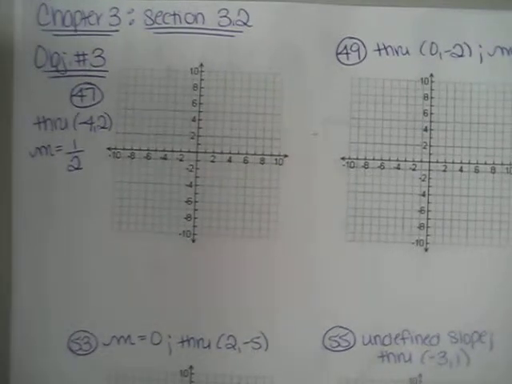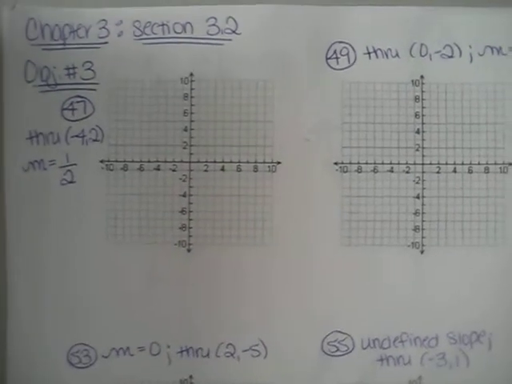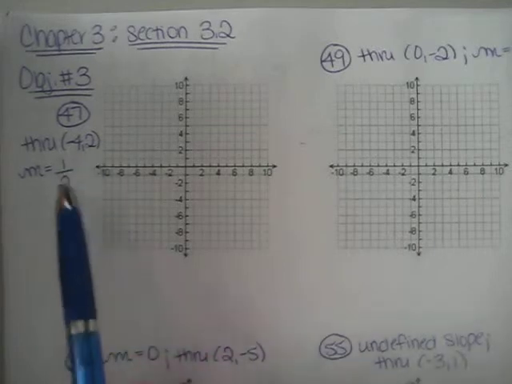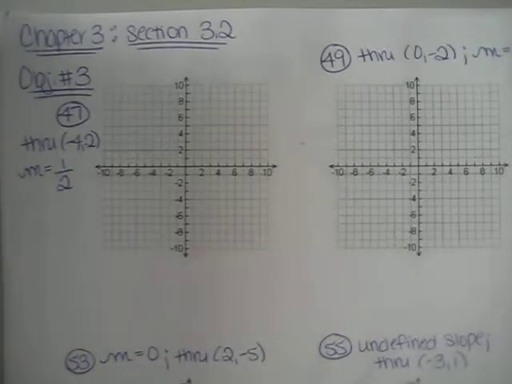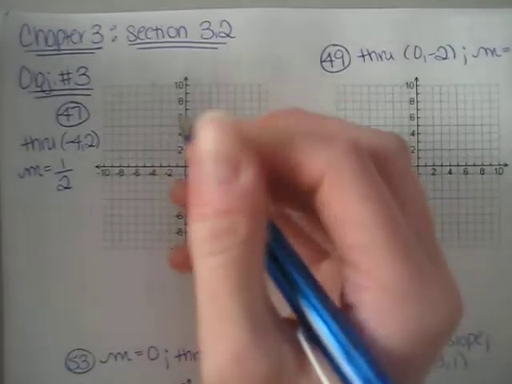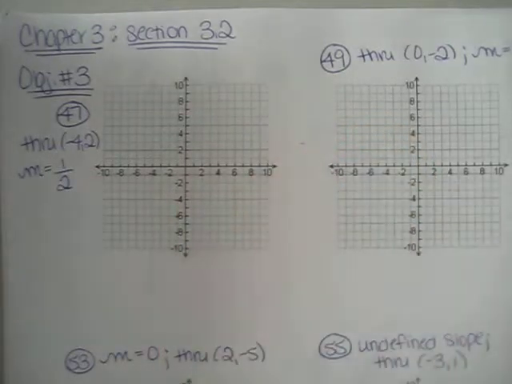So we're given that it's going to go through the point -4, 2, and our slope is 1/2. So we are going to start at the actual coordinate point that we are given, which is -4, 2.